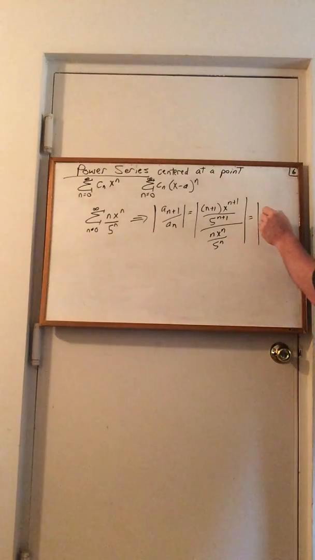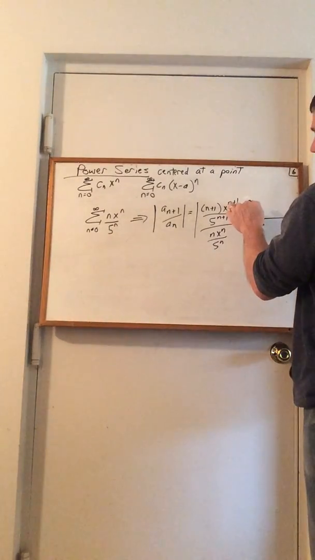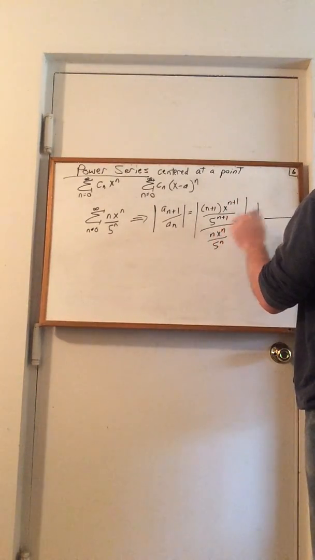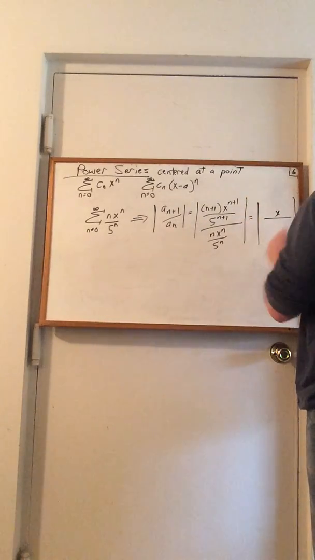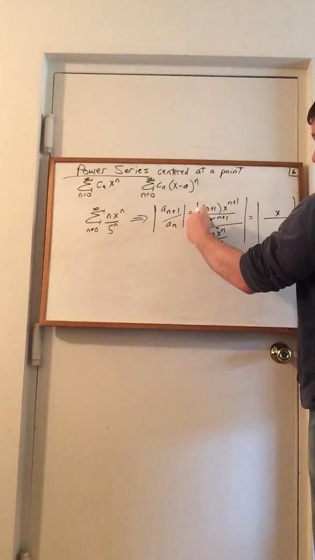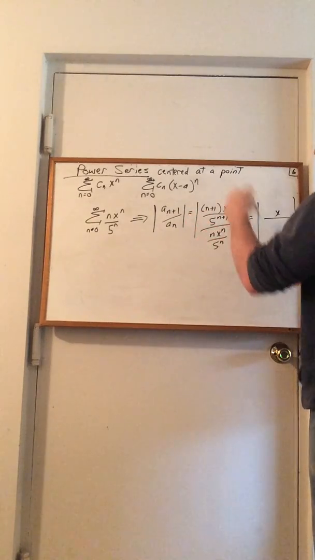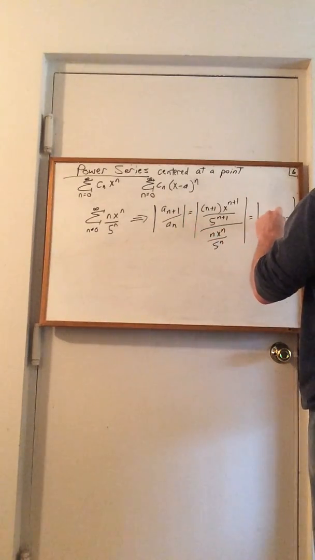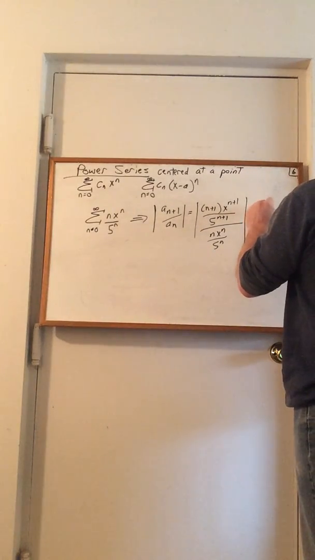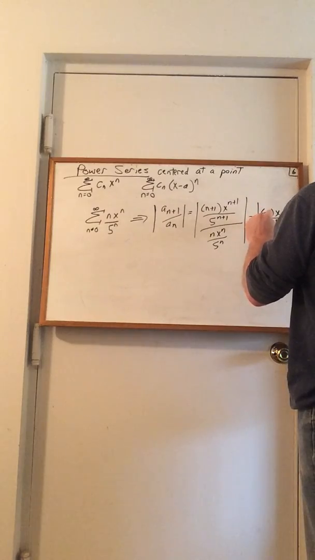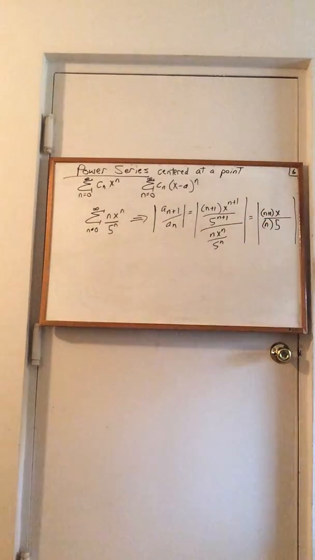If I simplify all of that out, I have x to the n plus 1 over x to the n, so that leaves me with an x on top. I have 5 to the n plus 1, which is going to go on the bottom. 5 to the n is going to come to the top, and I'll have a 5 left over on the bottom. And then I have n plus 1 over n left over.